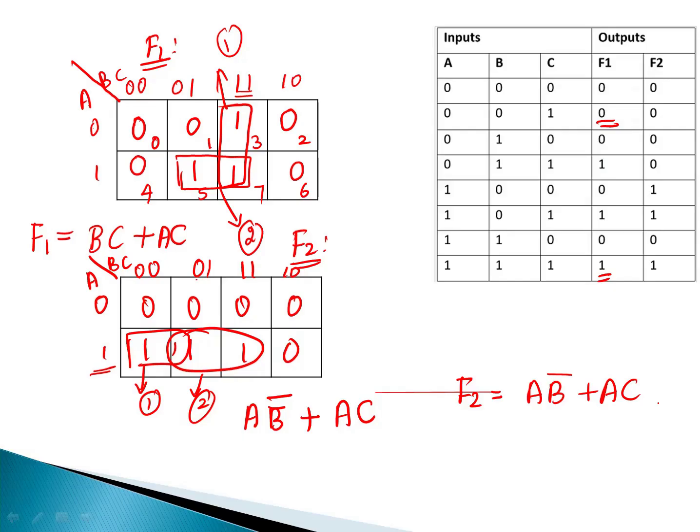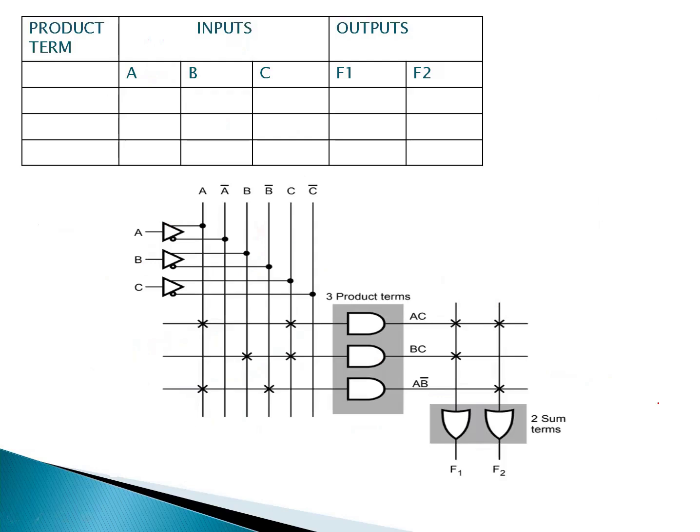Okay, so we have to simplify this with the help of K-map. So after mapping the ones and grouping them, we obtain the simplified expression for F1 and F2, right? So next step, what we have to do is identify the common product terms.